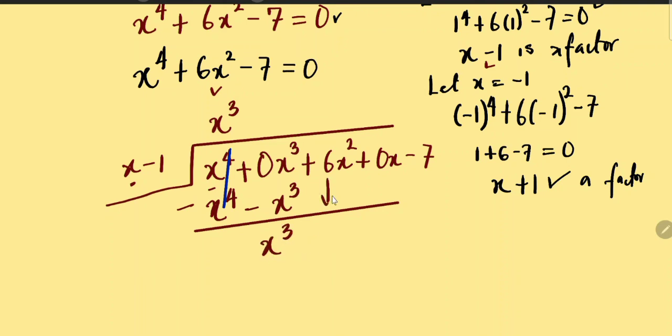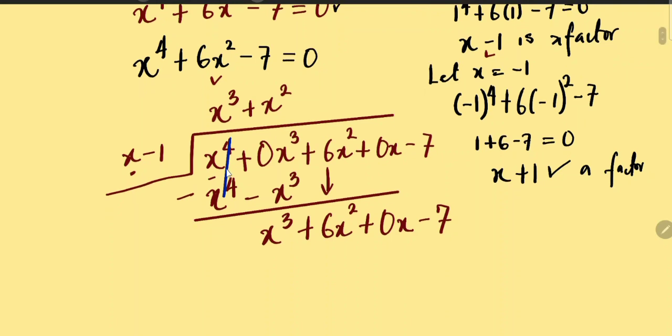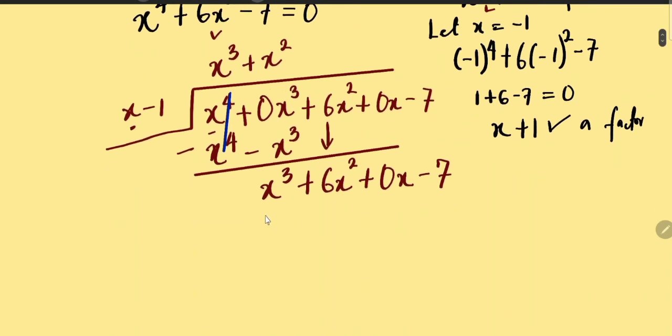Bring the remaining values down. Okay, we shall have plus 0x squared. To multiply again, we go again, repeat the same operation.